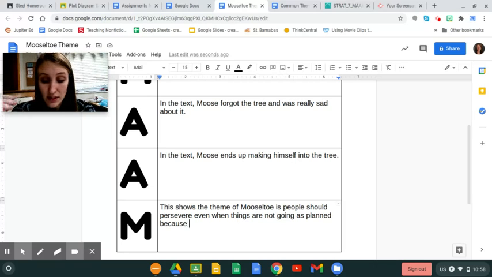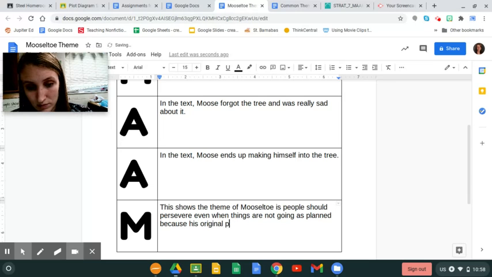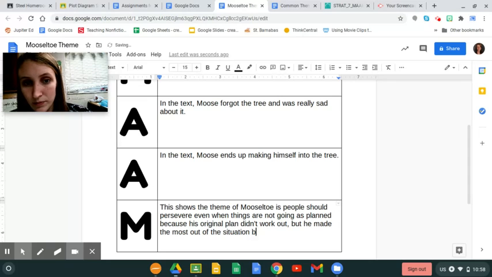This shows that the theme of Mooseletoe is that people should persevere even when things are not going as planned, because in this case, his original plan failed, but he made the most out of the situation by making himself into a tree.